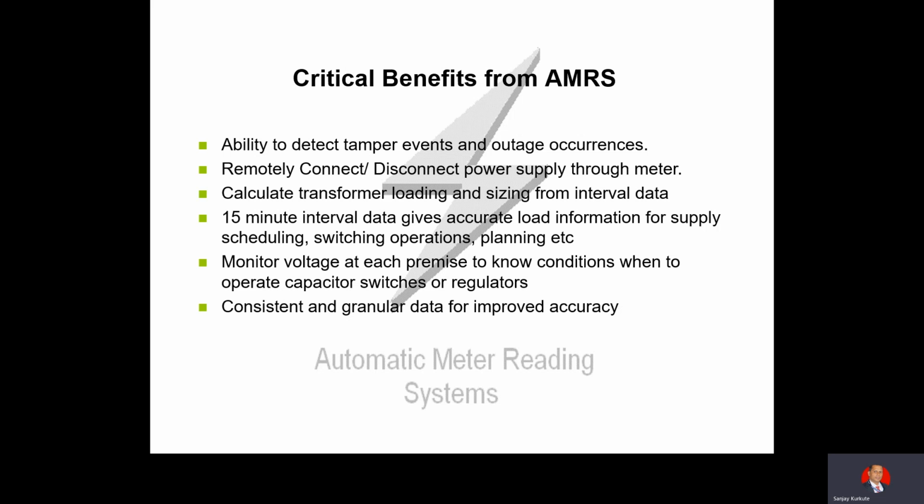Then 15 minute interval data gives accurate load information for supply scheduling, switching, planning and so on. Then monitor voltage at each premise to know when to operate the capacitor switches or regulators. Then consistent and granular data for improved accuracy.